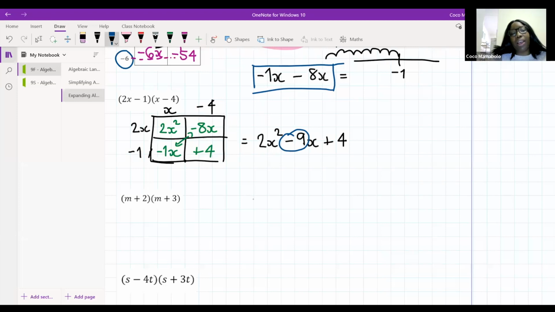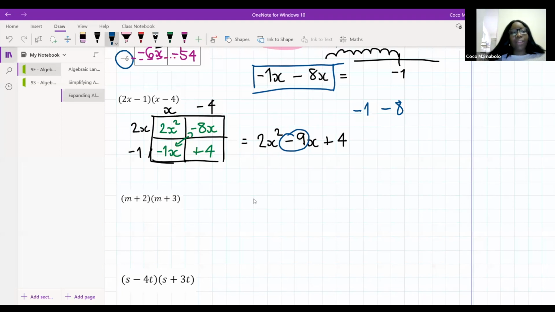If we were multiplying, you're correct, it should be a positive, but we're not multiplying, we're minusing. It's as if I said to you, -1 minus 8. That's not a multiplication, that's just subtraction. If I owe you 1 rand, then I ask you for another 8 rand, how much do I owe you now? I owe you 9 rand. That's where the -9 comes from.